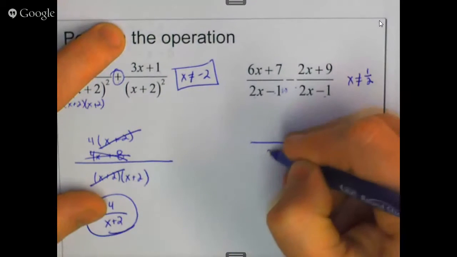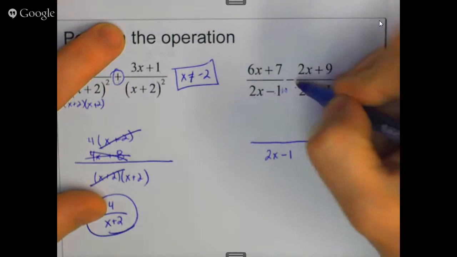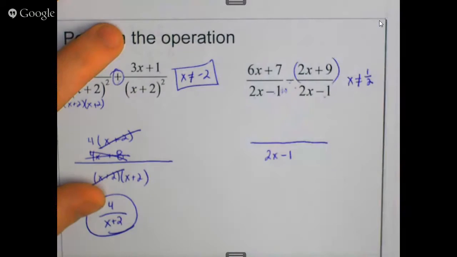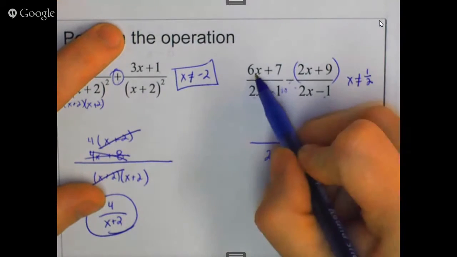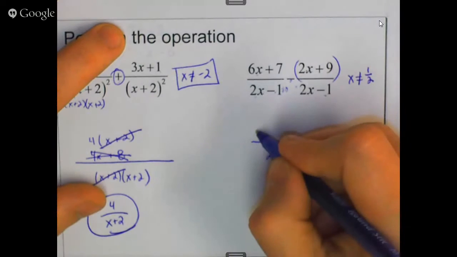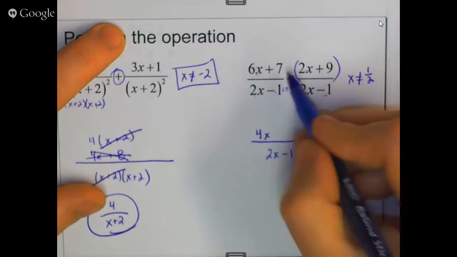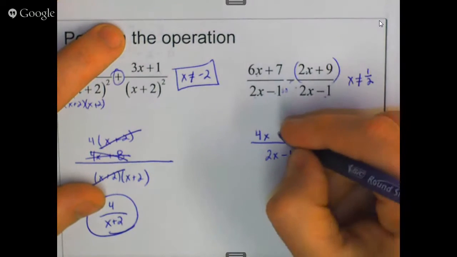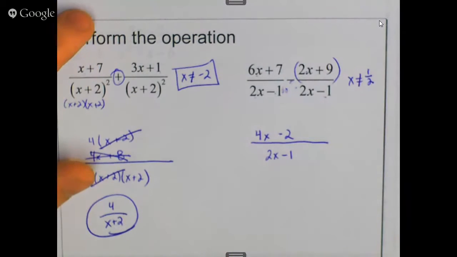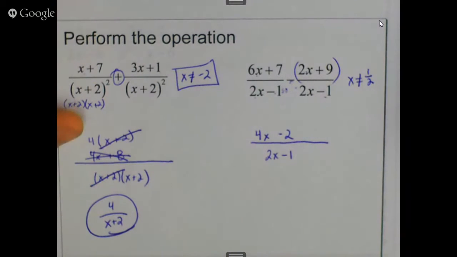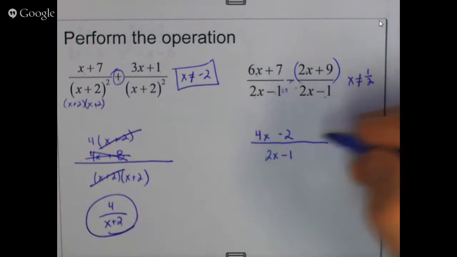Perform the operation. So I've got 2x minus 1, and notice we are subtracting this term. So you have 6x minus 2x, that's 4x, and 7 minus 9, that's minus 2. Simplify the numerator and factor. So we've simplified here.